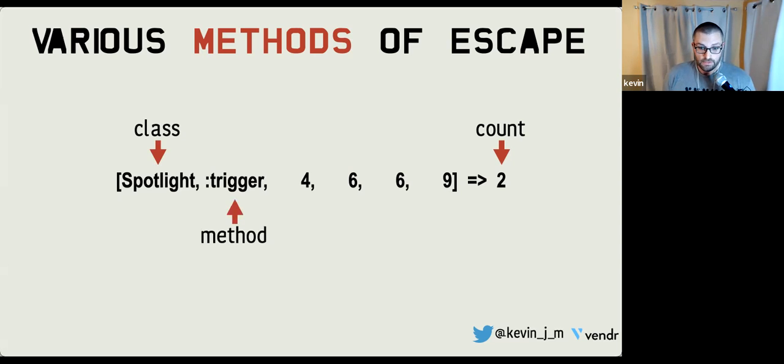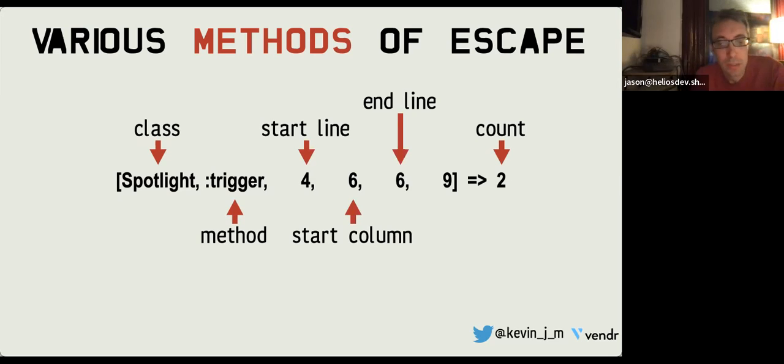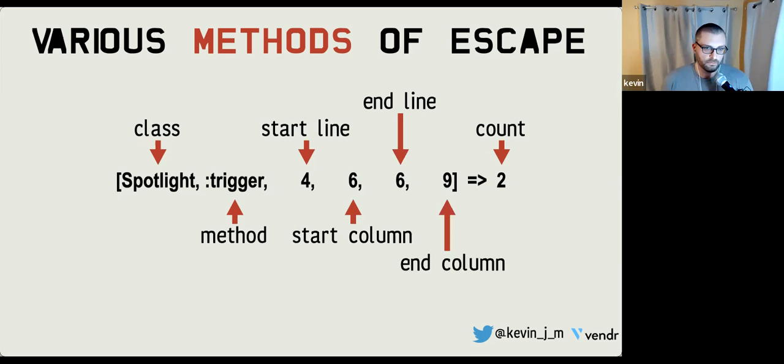The symbol is the name of the method in the source code. And then we get back 4 numbers. And what these numbers tell us are the starting line number, the starting column number, the ending line number, and the ending column number for where we can find this method definition in our source code file. In our example here, we don't actually need these numbers, but we get them back, so we have them.